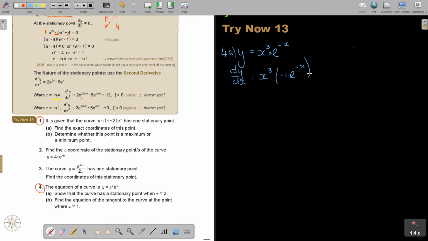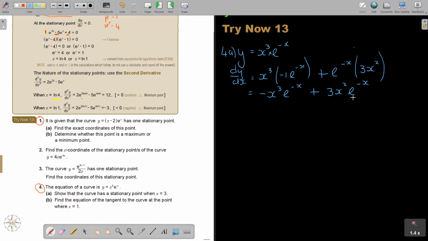And then I rewrite the second one and I differentiate the first one. And this is going to give me negative x³ e^(-x) plus 3x² e^(-x).